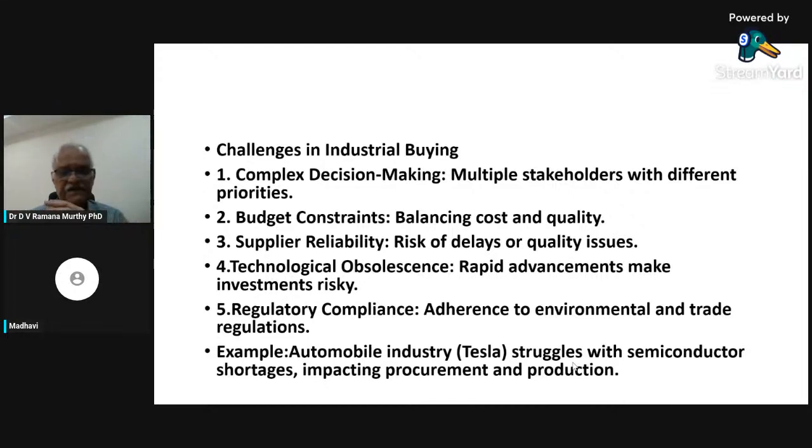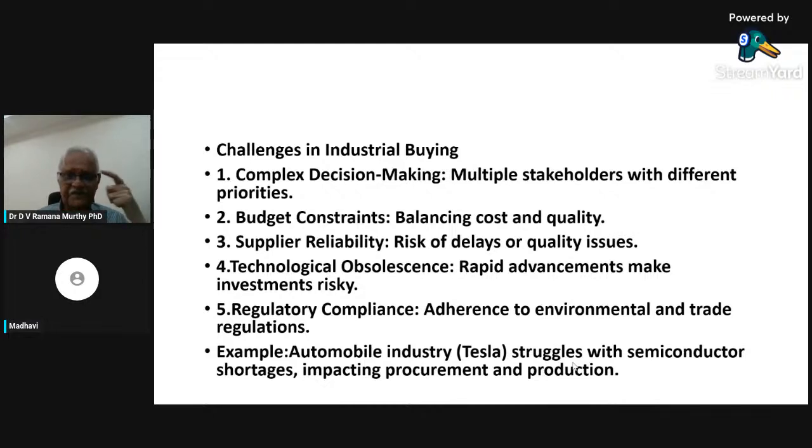For example, take an automobile industry like Tesla. It struggles with semiconductor shortages. A semiconductor is a big, important component in an electric car, and the shortages actually impacted procurement and production. This is a big problem for Tesla.